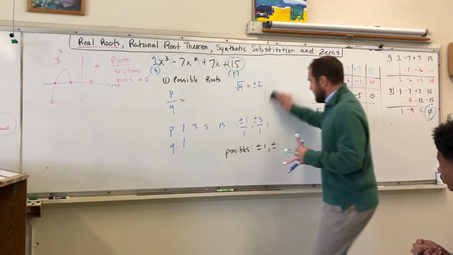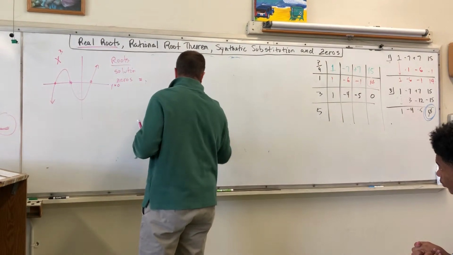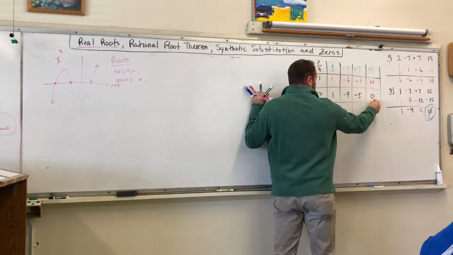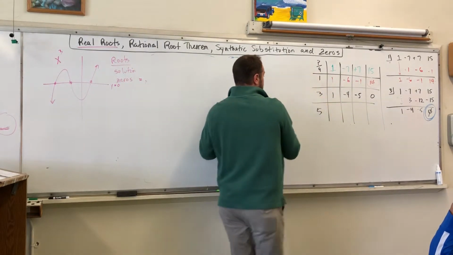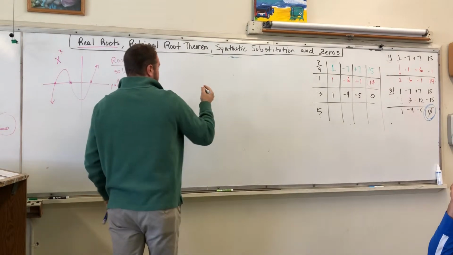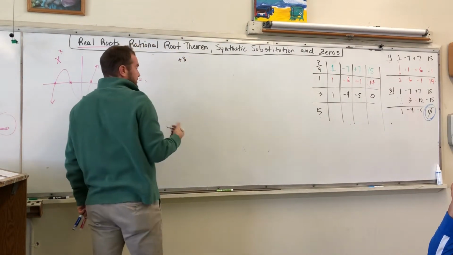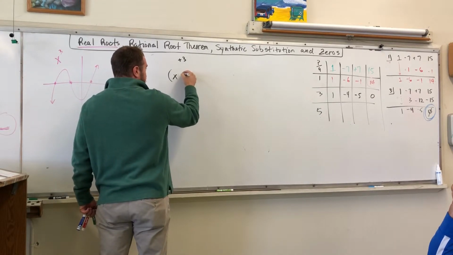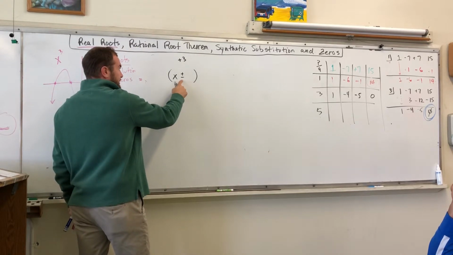So what do you do once you have found one of your possible roots as an actual root? How do I put a positive 3 as a factor in parentheses, meaning how do I put it as x plus or minus something?